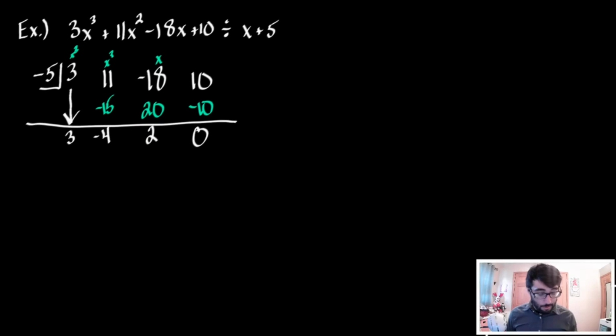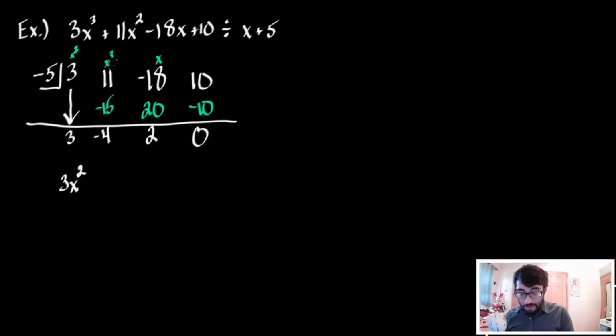Now also remember that when we divide by a linear, all these terms are going to go down exactly 1 degree. So this isn't our final answer. These are just the coefficients and constant and possibly remainder of our final answer. So this used to be 3x cubed, but we broke it down, and now this is broken down to 3x squared.